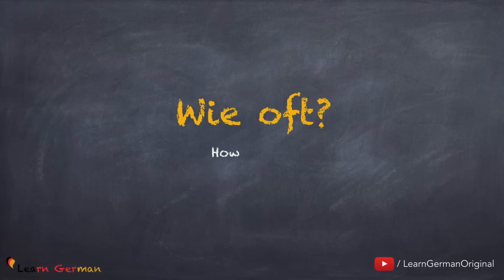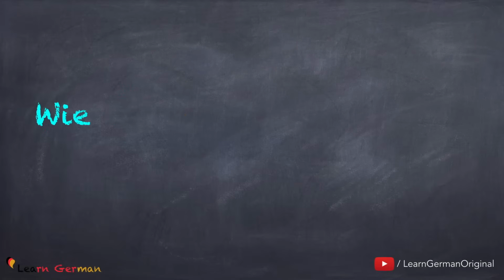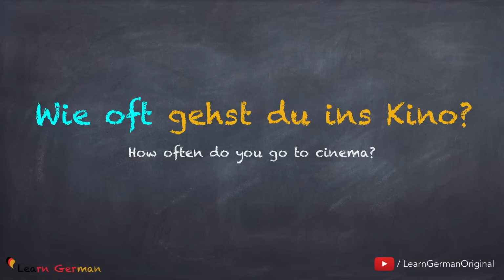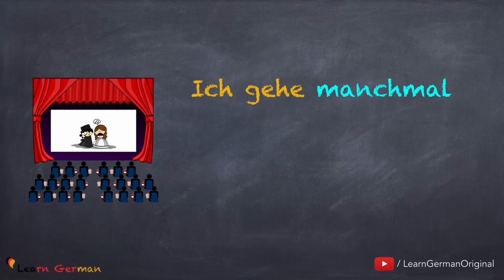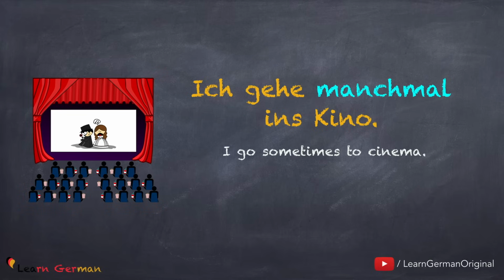And here's the last one. Wie oft? Let's look at a question. Wie oft gehst du ins Kino? The answer could be: Ich gehe manchmal ins Kino. Here also, your answer can vary. It must not be manchmal.